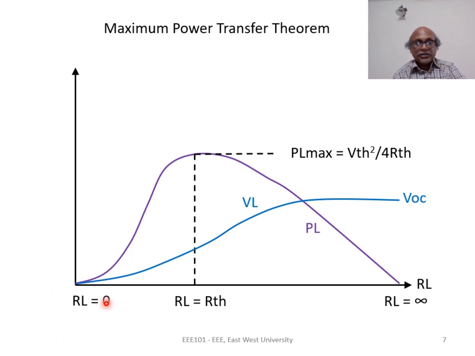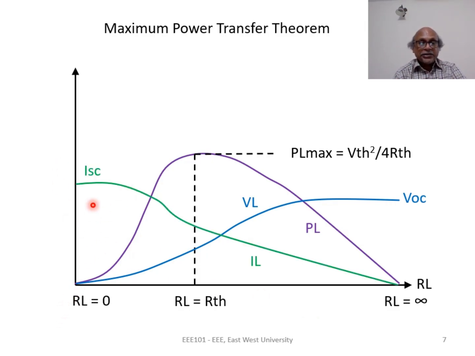And as we increase the load resistance, the load current will decrease, and when we have RL equal to infinity, or open circuit load condition, IL will become 0. So the variation can be graphically shown in this way. For RL 0, the current is ISC and the current decreases monotonically and becomes 0 when RL is infinity.